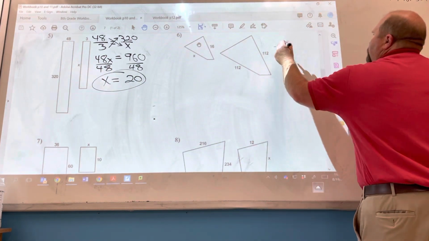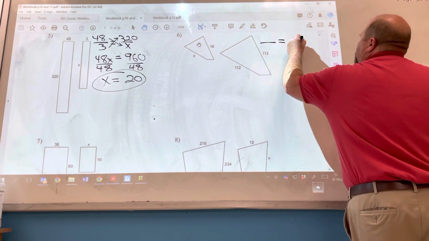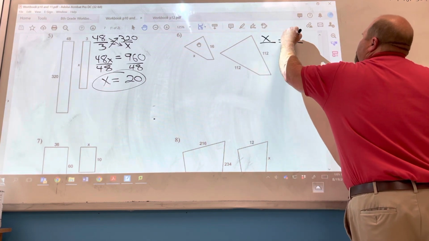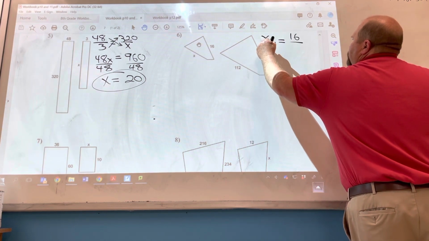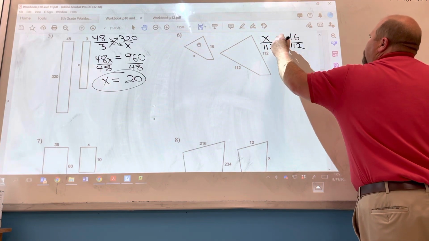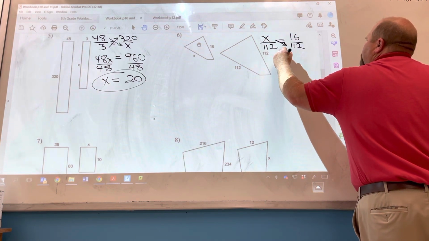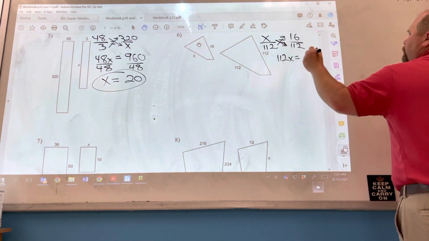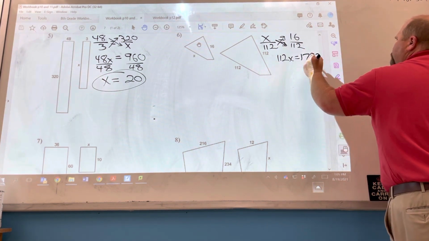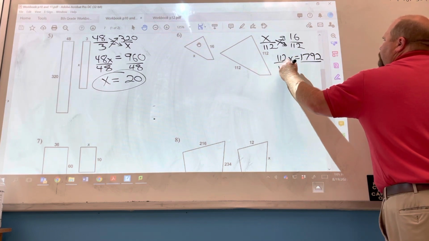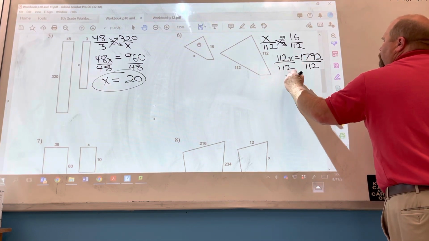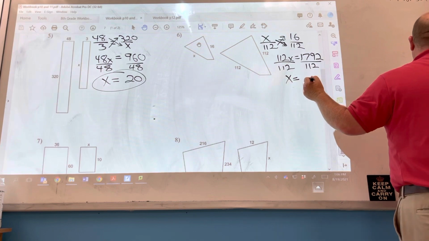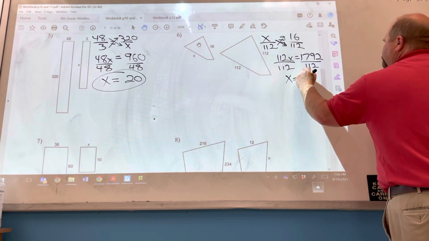All right, problem number 6. We'll use x and 16. That pairs up with 112 and 112. So 112x is equal to 1792. Divide both sides by 112. X equals 16.